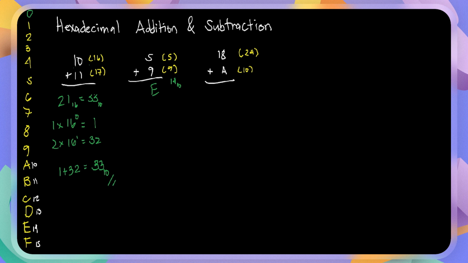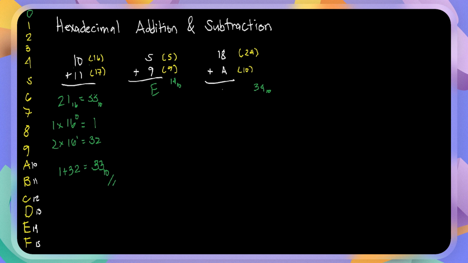Now what if we have 18 and then add that to A? 18 in hexadecimal is 24 in decimal and A in decimal is 10, so we would know that the answer for this is 34 in regular decimal. How do we show that in hexadecimal? So we'll just pretend that the A here is the 10. So that's 10 plus 8.